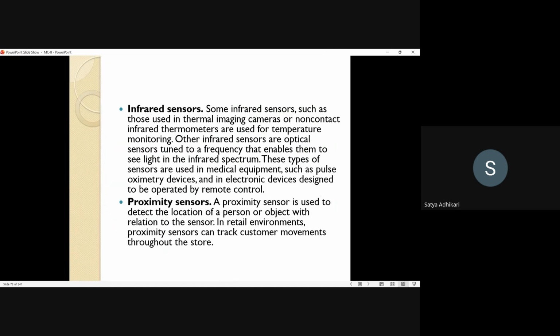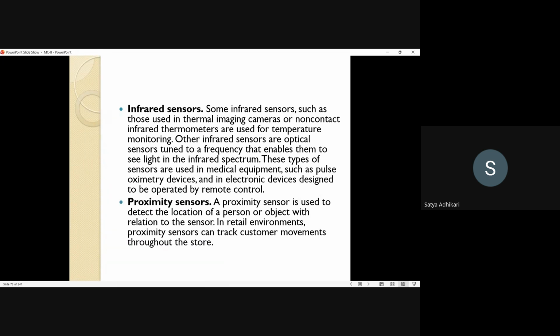Infrared sensor. Some infrared sensors, such as those used in thermal imaging cameras or non-contact infrared thermometers, are used for temperature monitoring. Now doctors are using this to measure the temperature of the patient.